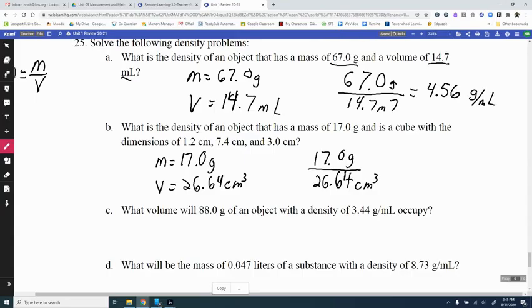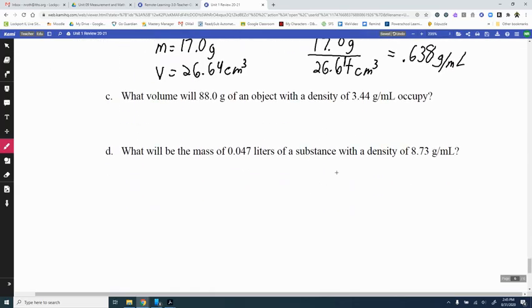And we get 17 divided by 26.64, and we get 0.638 grams per milliliter.